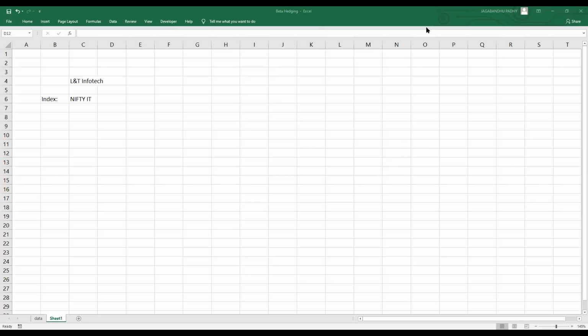Can you attach the file on the chat box? I mean, at least I'll have the data for the working. Or else I just have that. Anyways, wait.